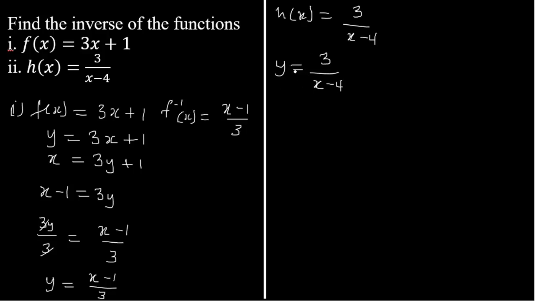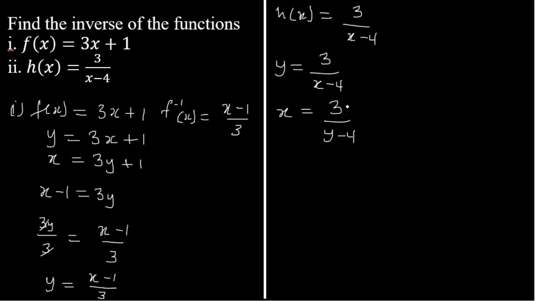After letting y equal to the given function, what you need to do is to exchange the positions of x and y. So we have x equal to 3 over y minus 4. When this is done, you make y the subject of the equation.